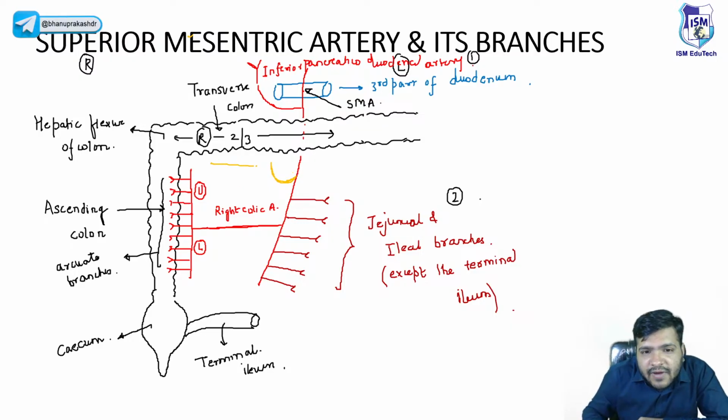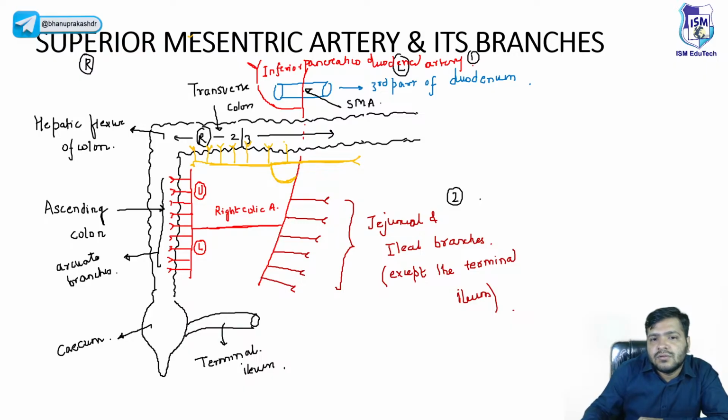okay, this middle colic artery will again divide into the right branch and the left branch, मतलब इसके रिस्पेक्ट में राइट और लेफ्ट. Okay, and it will give small branches like the earlier one.